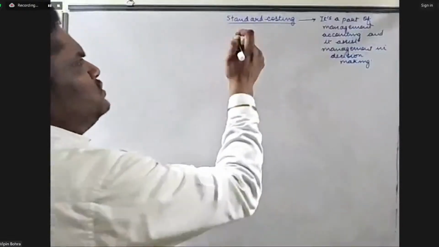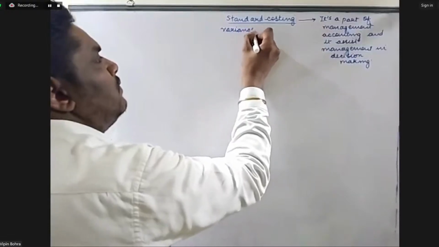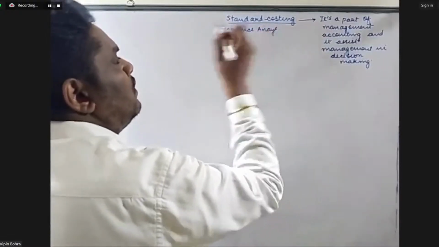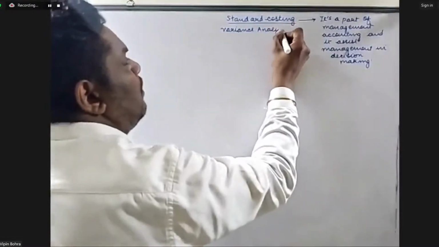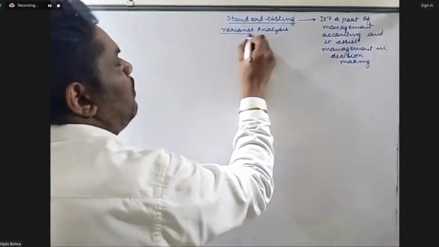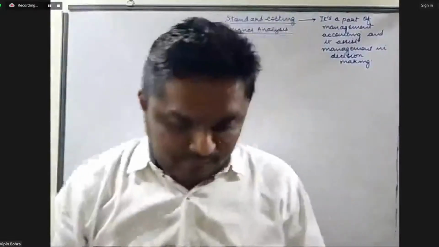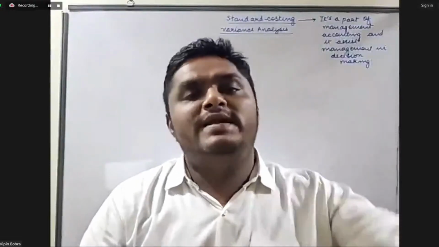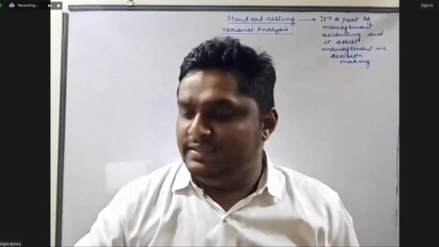Now, this chapter is also known as variance analysis. How it assists management, we'll be discussing throughout the chapter. So this standard costing is also known as variance analysis.